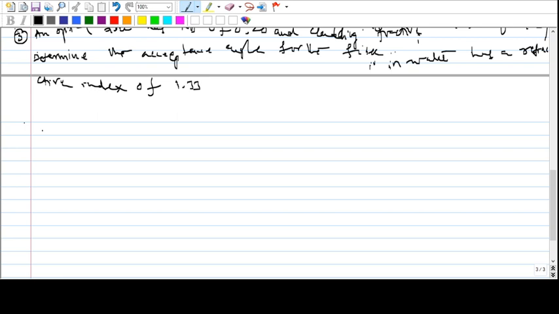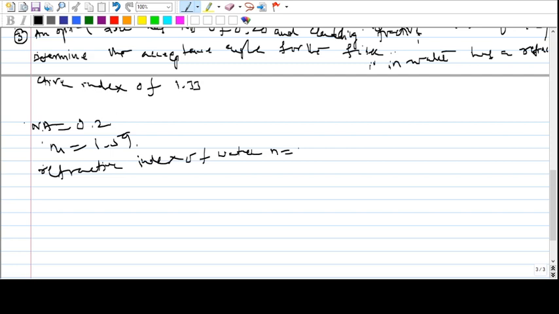Numerical aperture is 0.2, n1 is 1.59. The refractive index of water n is equal to 1.33.